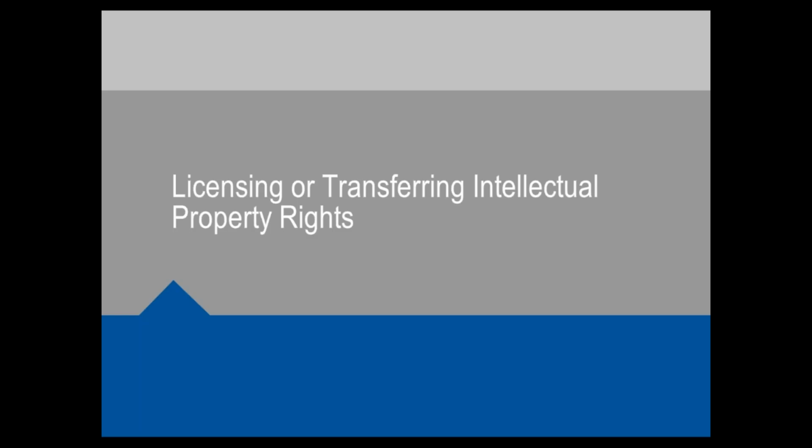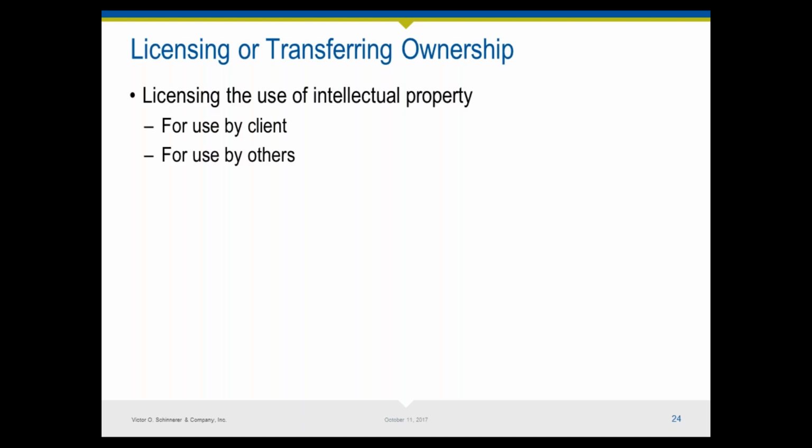Okay, let's address what happens when you license the use of deliverables or transfer your intellectual property to others. Licensing really can provide the parties in the design and construction process with what they really need, whether they are the project client, a contractor, an independent party who has to input information into the design, or the eventual users of the facility.